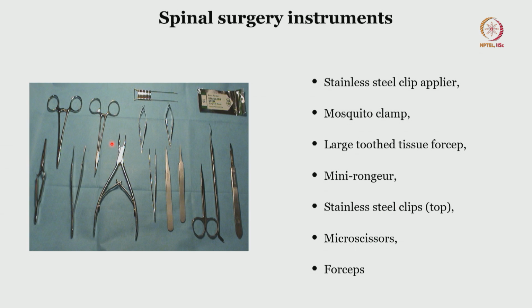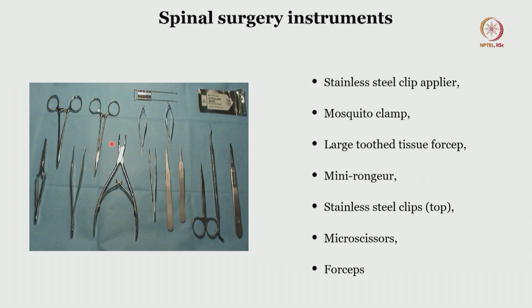The first part is the spinal surgery instruments. If you look at the instruments involved in spinal surgery, the set is slightly larger and has more bone instruments than the cranial surgeries.